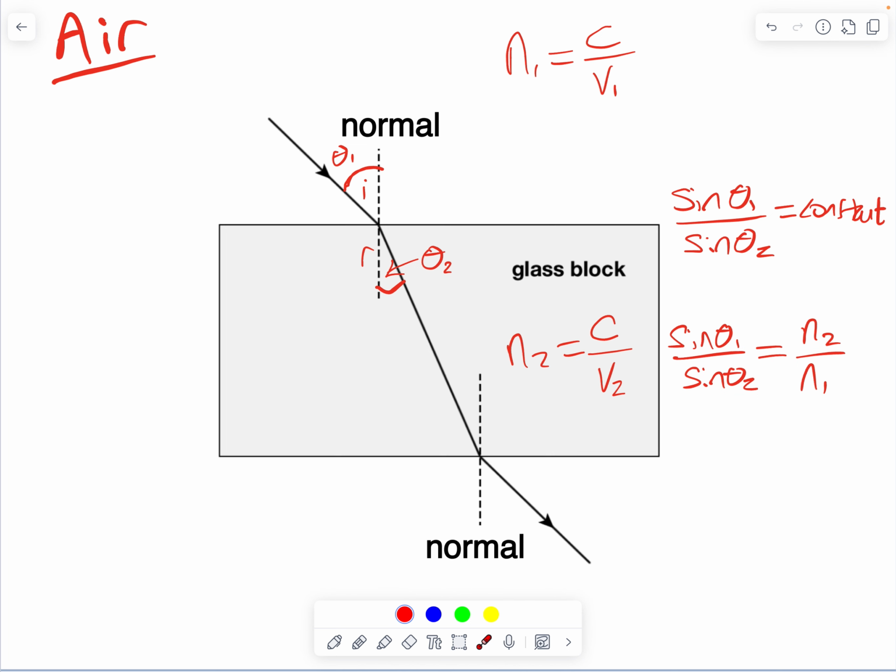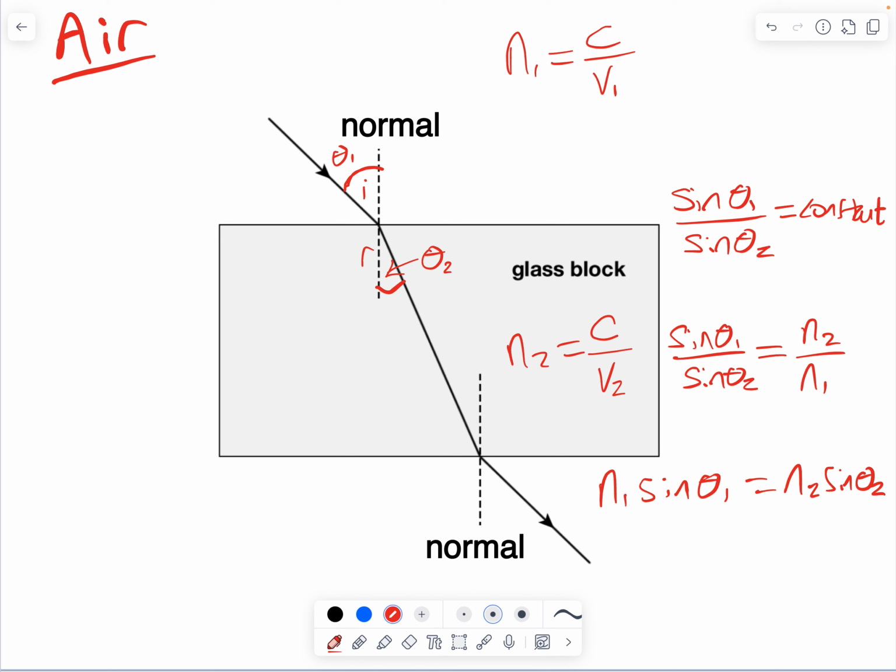And we can write this in another way as well: n1 sine theta 1 is equal to n2 sine theta 2. That's an alternative way of writing the same equation.